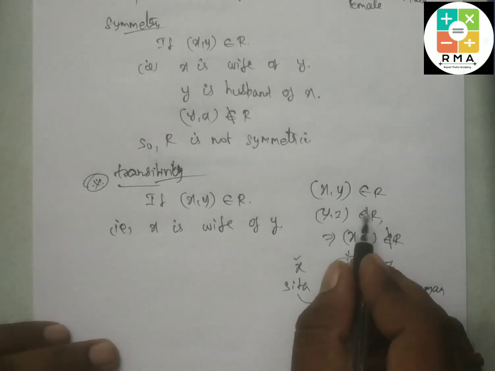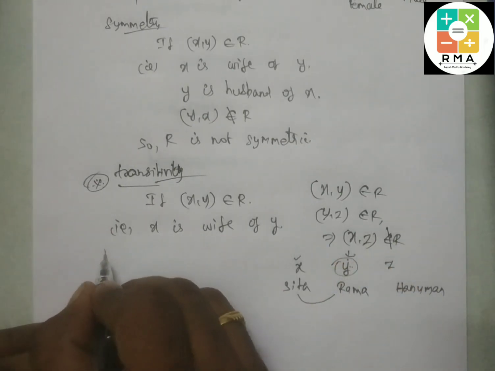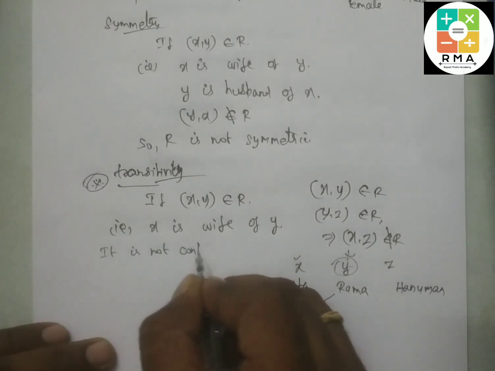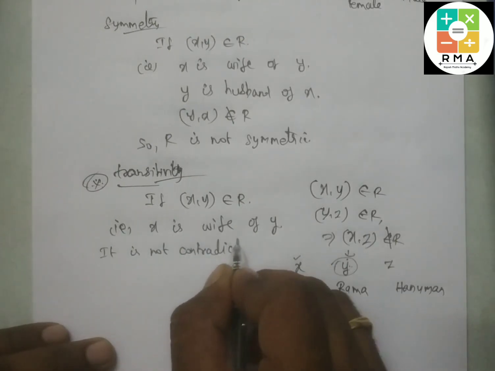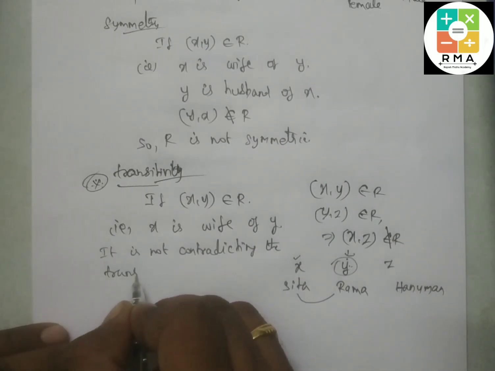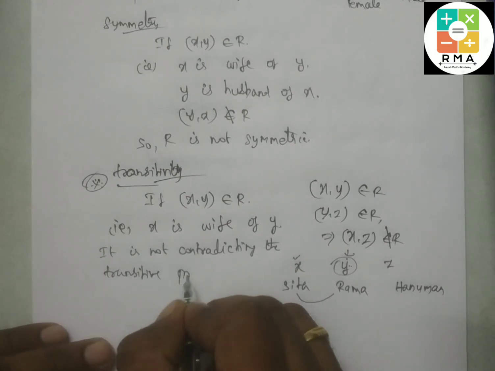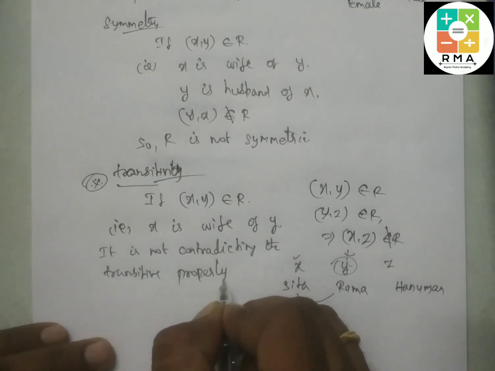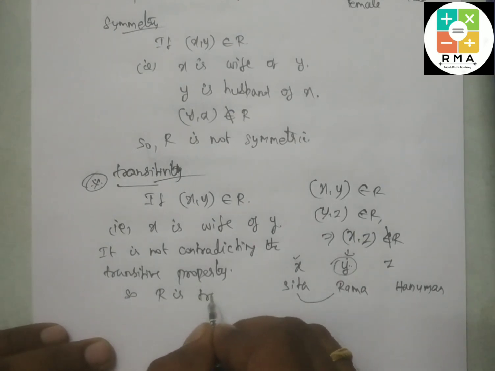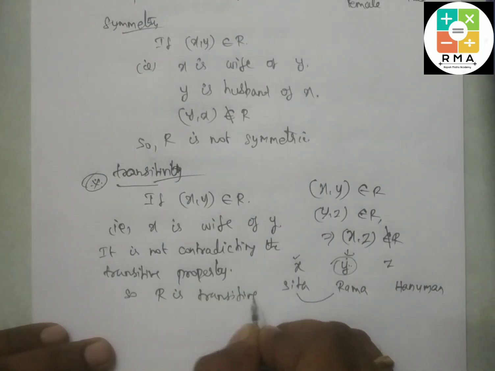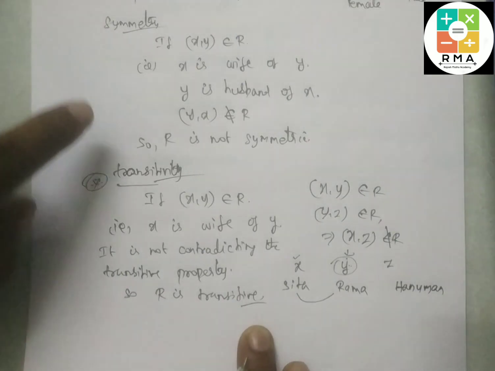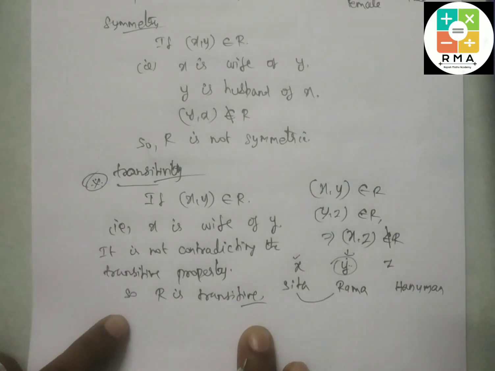Because it is not contradicting the transitive property. So R is obviously transitive. So this relation is not reflexive, not symmetric, but transitive. Clear?